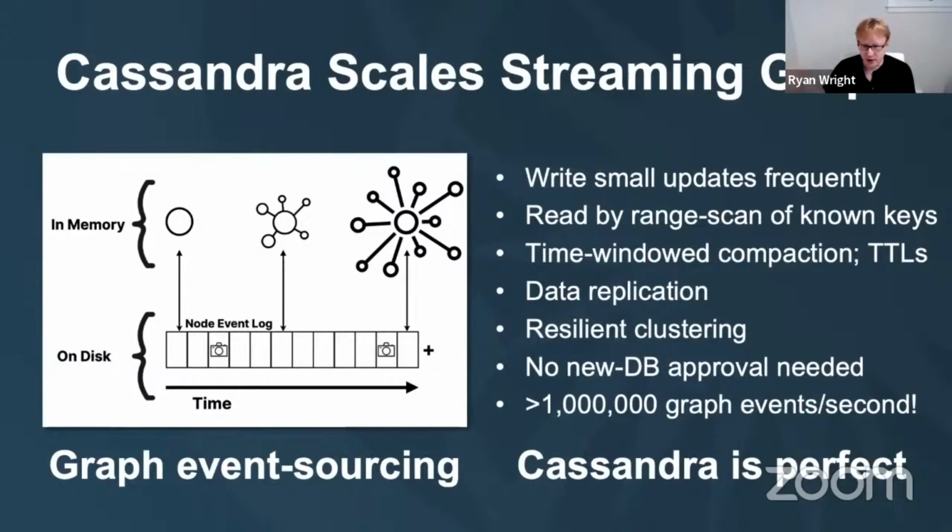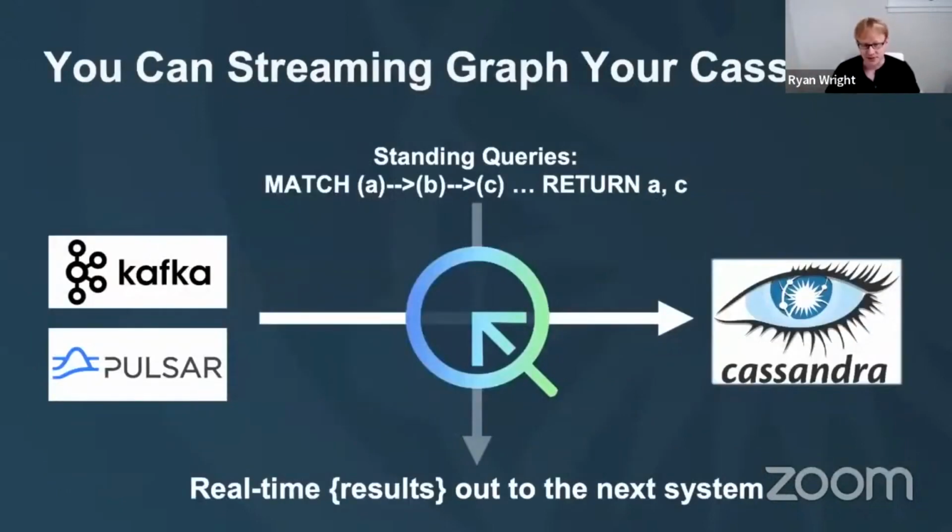So that gets written very quickly and efficiently off to disk in Cassandra, and then cached in memory to do graph operations, pulled back in only when needed by doing efficient range scans over known keys. Combined with other Cassandra capabilities like time windowed compaction and TTLs to expire out data that we don't care about any longer, enterprise users have been able to run this in production and achieve just crazy results, like 1 million graph events per second, as just even kind of an arbitrary stopping point. So they've seen it scale way past anything that anybody's been able to do before.